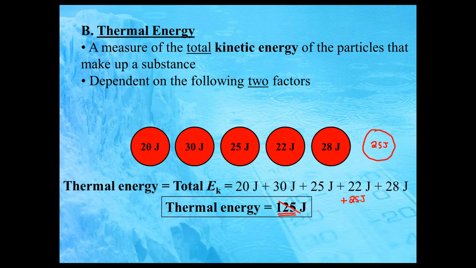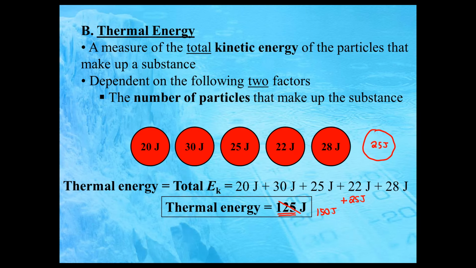And that would turn my thermal energy now into 150 joules. Therefore, thermal energy depends on the number of particles that make up a substance. The more particles you have, the greater the thermal energy. And that's because you'd be adding more of those individual kinetic energy values together. Typically, the more terms you add together, the larger the sum is going to be.